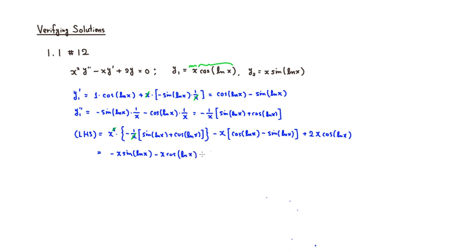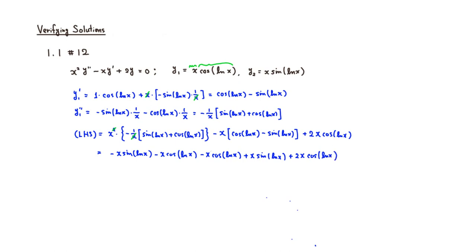Then you have minus x cosine of natural log of x, and minus times negative sine gives plus x sine of natural log of x. Then the last term, 2 times x cosine of natural log of x.